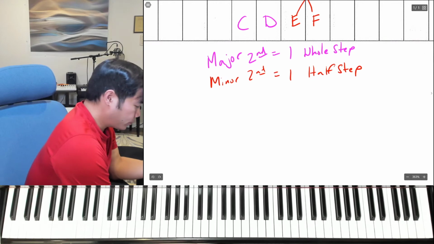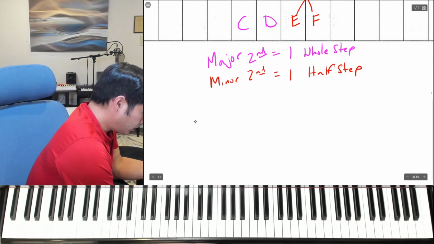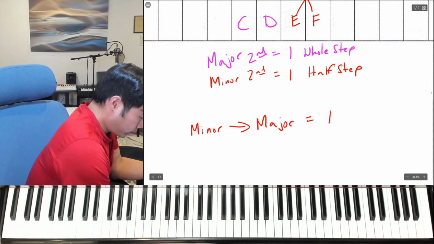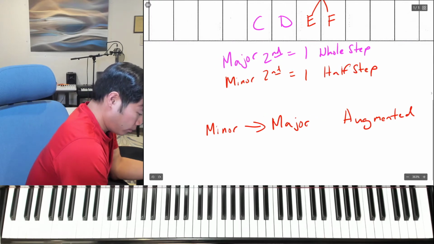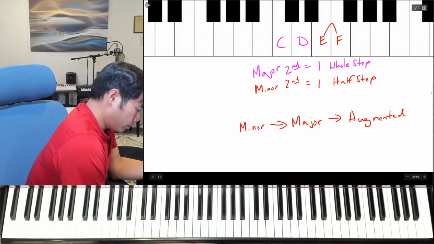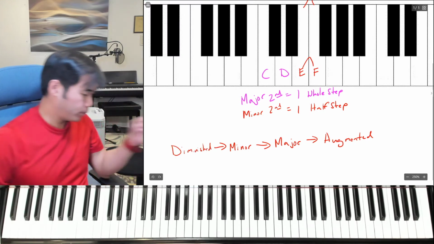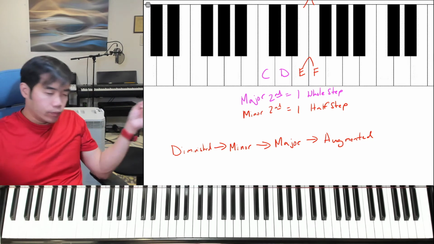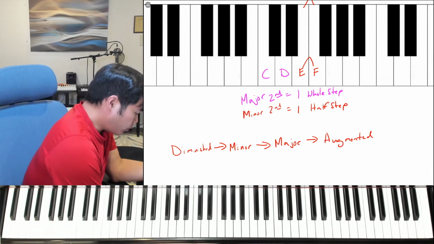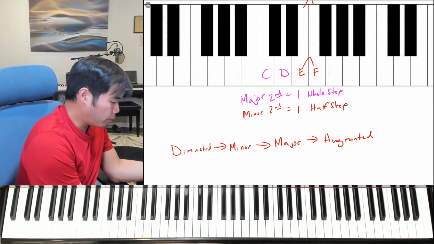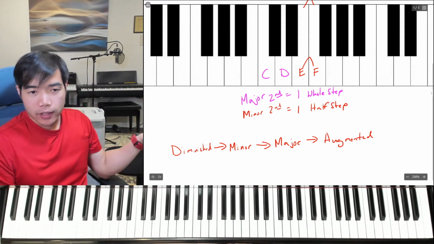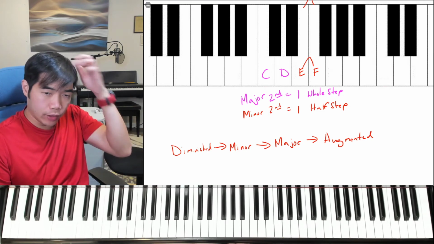All intervals follow this chart, so to speak. So the smallest intervals are diminished, followed by minor, major, and augmented in order of increasing distance between the notes.